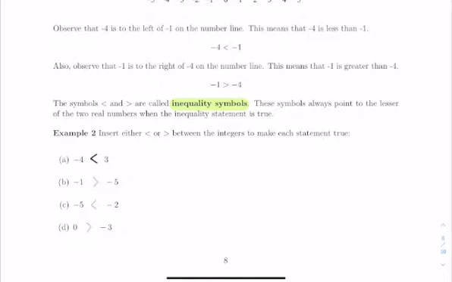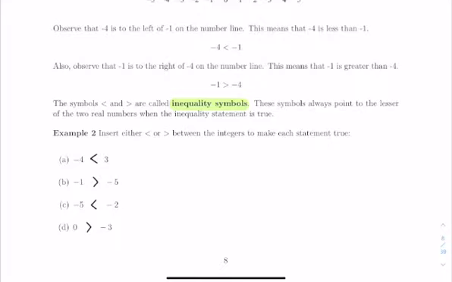Between -1 and -5, -5 is to the left of -1, and so that means that -1 is greater than -5. Between -5 and -2, -5 is to the left of -2, which means it's less than. And 0 is to the right of -3, which means 0 is greater than -3.